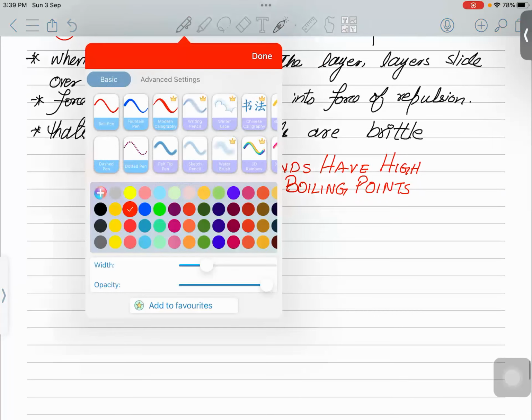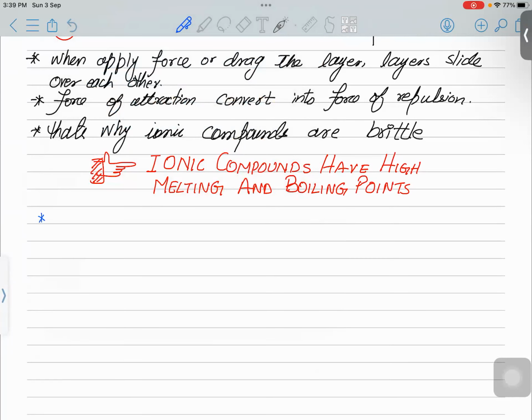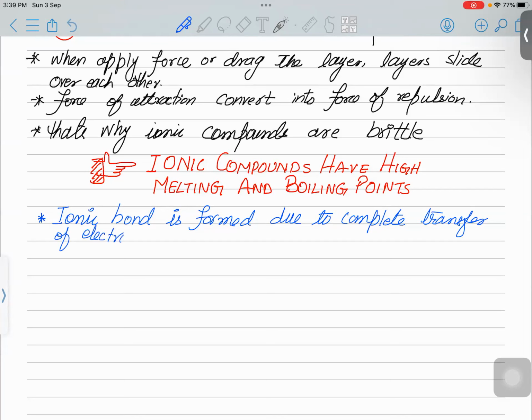So two reasons. Reason number one, ionic bond is formed due to complete transfer of electrons.